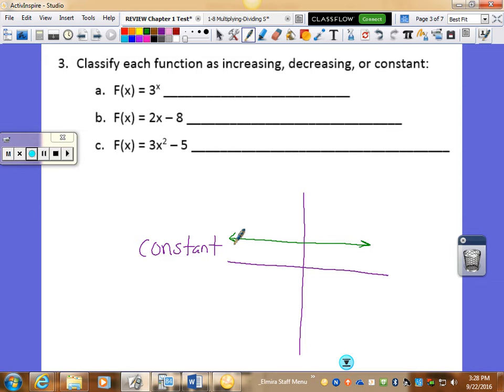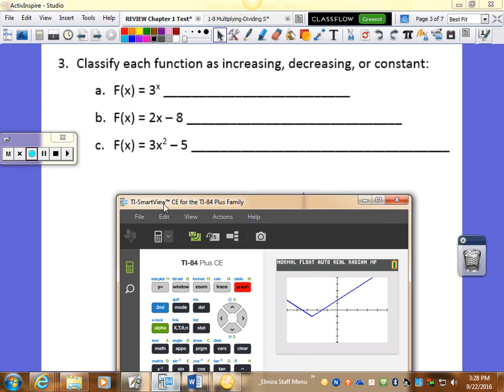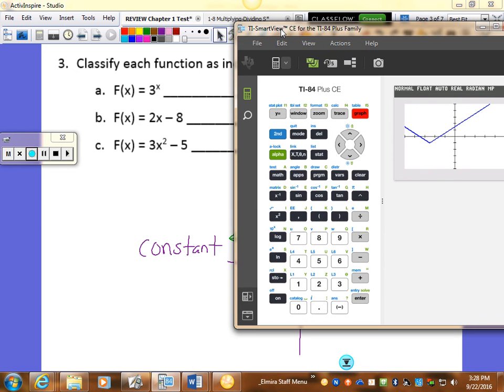Now, it would be great if you knew just by looking at these equations whether they would increase, decrease, a combination, or be constant. But I don't have that expectation at this time. What you do have is a calculator. And I have taught you how to go into your calculator and look at the functions.